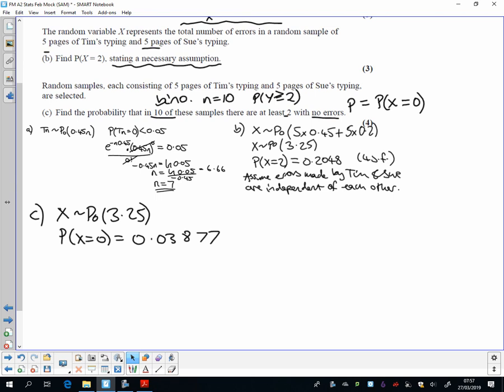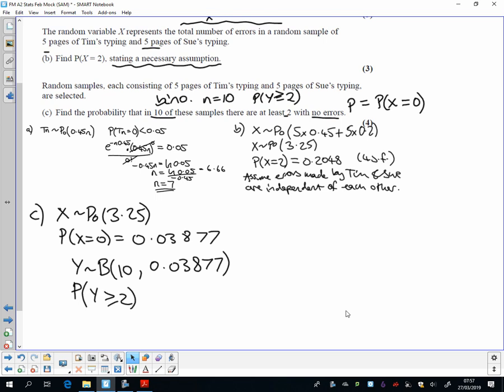Right, so if y is the number of samples that we want now, I'm going to say that comes from a binomial distribution with n equals 10, and the probability of no errors is what we've just worked out. And so I want the probability that there are at least 2 samples with no errors.